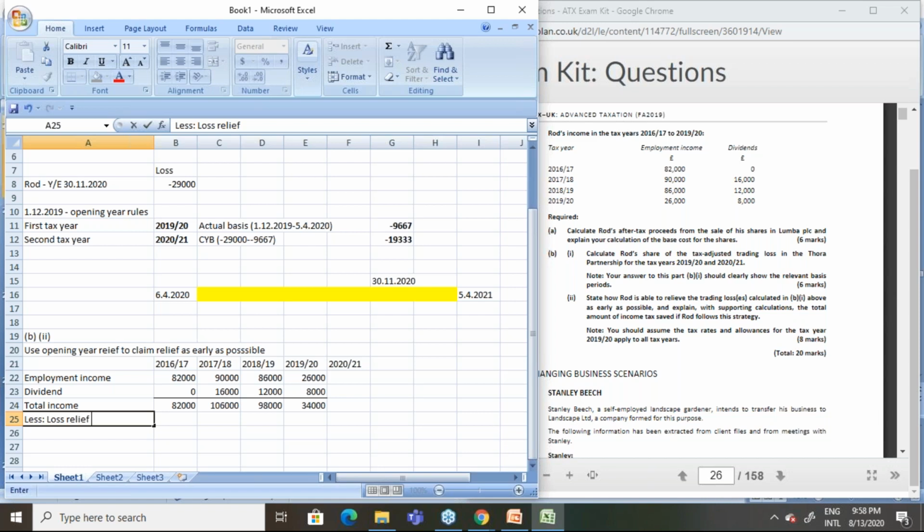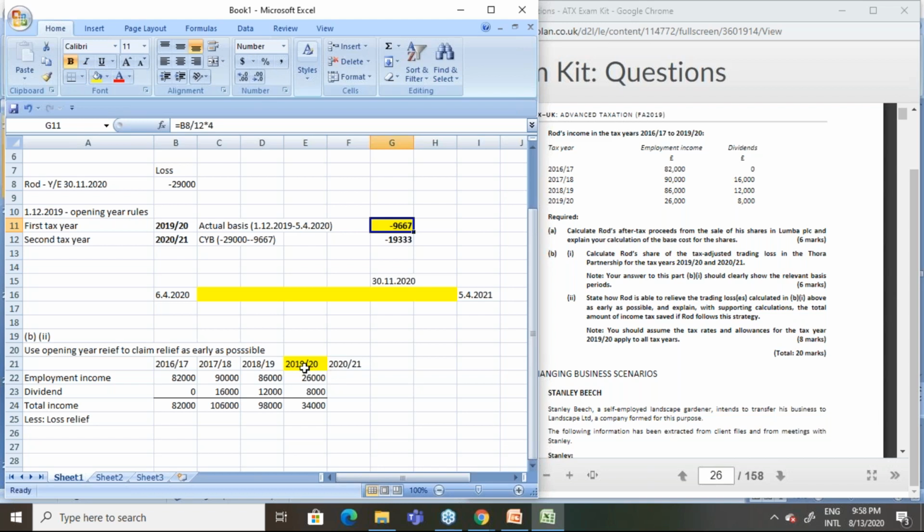Opening year loss relief. First, we will take the 2019-20 loss. For 2019-20, you have a loss of 9,667.